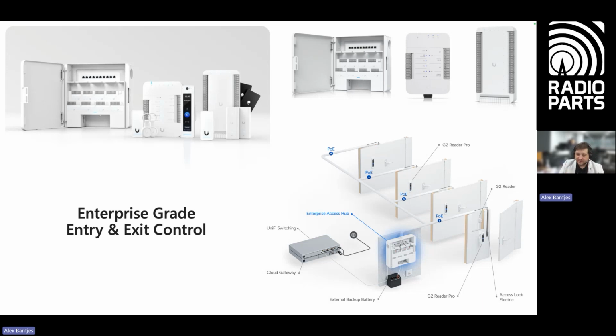There's a couple of different flavors for how you want to do this, and we're going to see each individual one, but these are called access hubs. Very basically, they connect to your multiple doors and allow you to unlock them, and interface with the alarm systems and a whole bunch of different stuff.